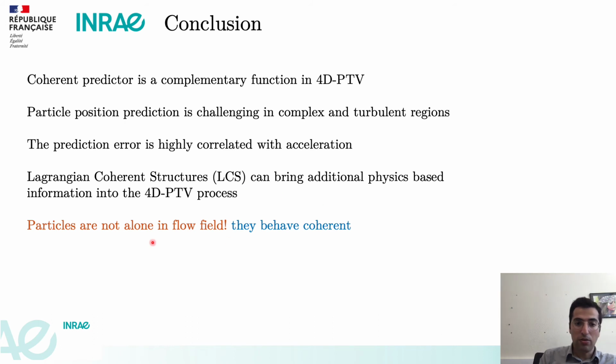And at the end, I would like to say that when we do prediction for a single particle, we have to keep in mind that particles are not alone in the flow field. That's why we proposed using LCS to determine coherent motions instead of a single trajectory.